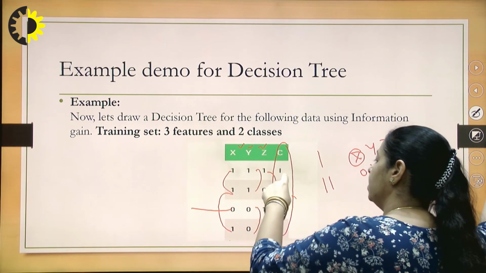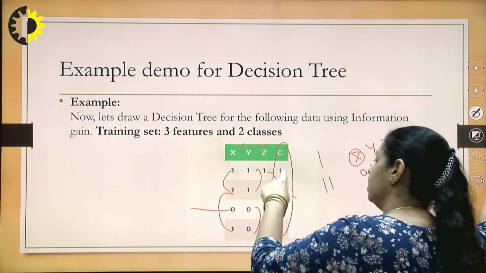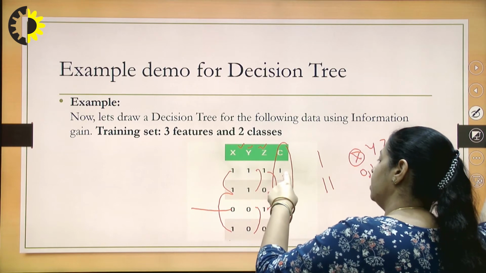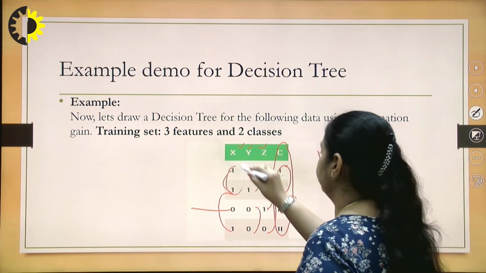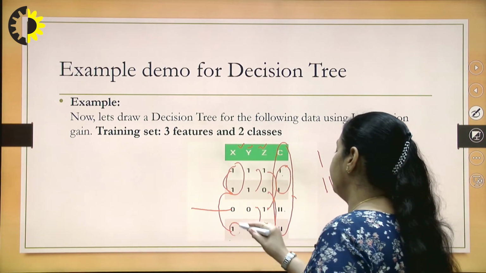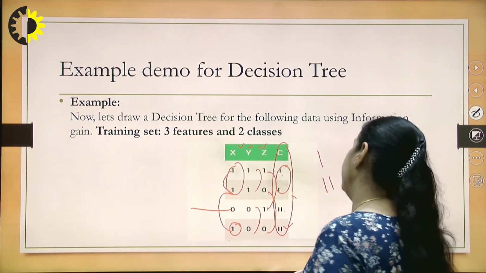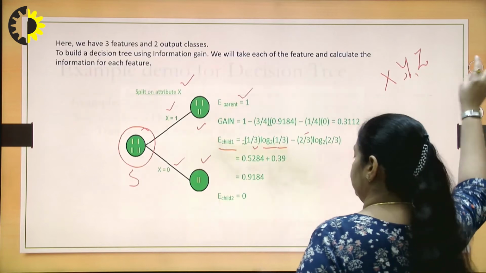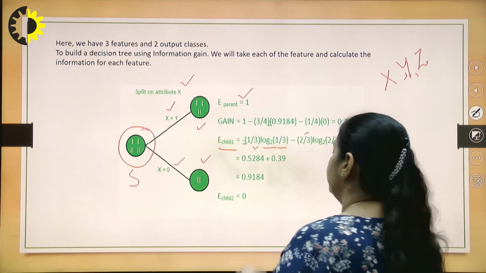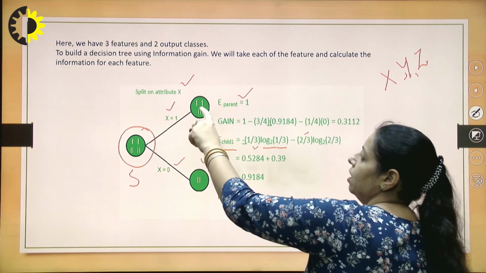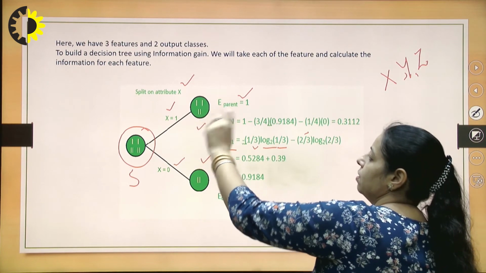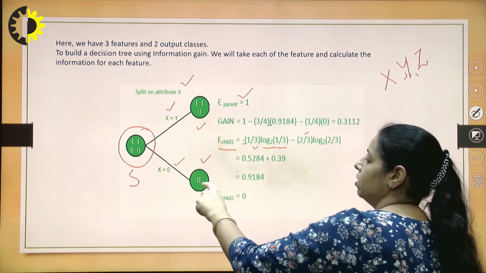This 1 comes under the first class, and 2 ones come under the same class. But this one falls under another class, and we don't take 0 in this case right now. 0 is another child for it. So we can say that 1 falls under this, and 0 falls under this class.